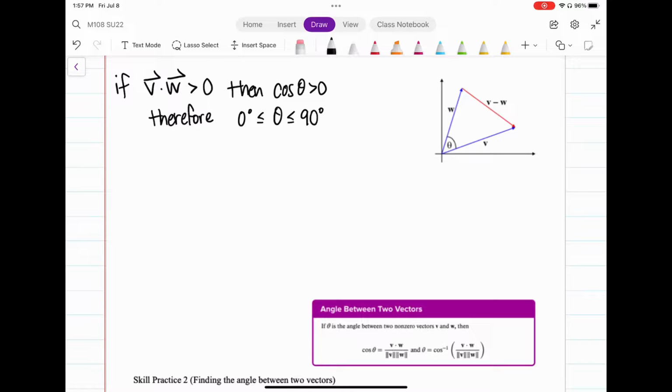If the dot product between vector v and vector w is negative, then the cosine of theta is also going to be negative, and therefore theta has to be between 90 degrees and 180 degrees.